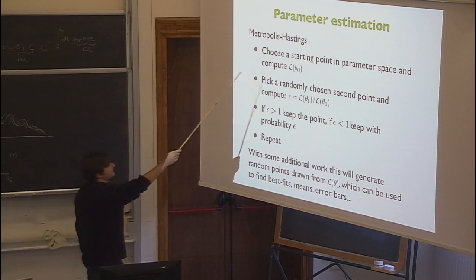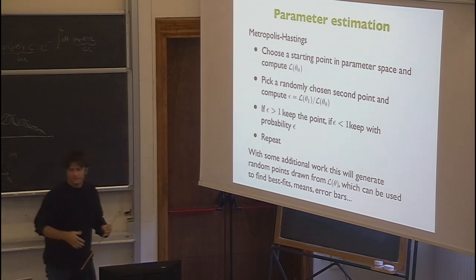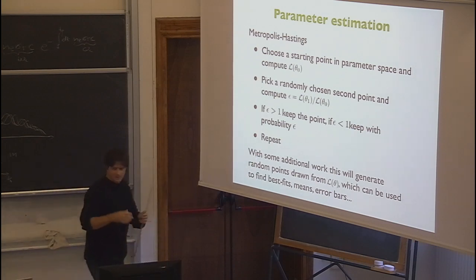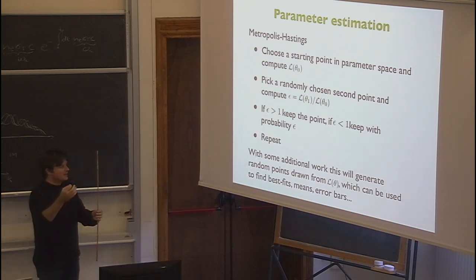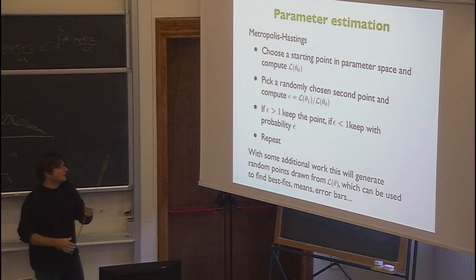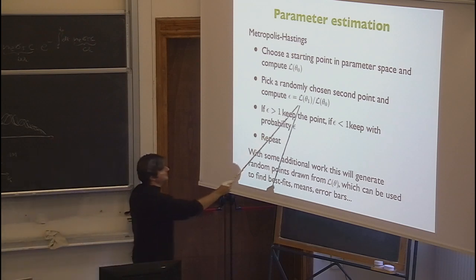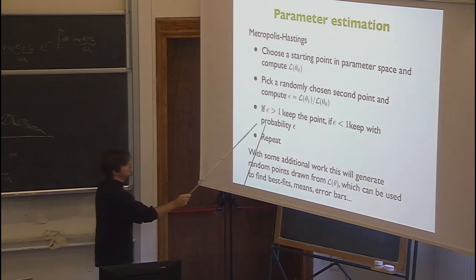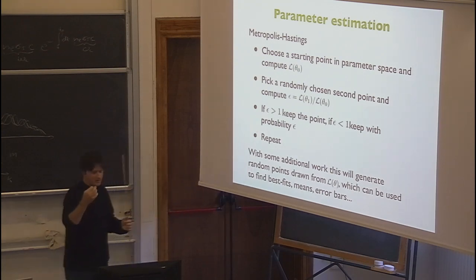The most commonly used sampling algorithm, not necessarily always the most efficient, but one that's very common, is the Metropolis Hastings sampling. So it's a very simple idea. Here you just start with some point. Doesn't matter, you just start with some random point, and then you pick another point and you compute the likelihood at the second point. Then you compute the ratio of the likelihoods for the 2 points, and if the second point has a better likelihood, then you keep that point, so you stick with that point.